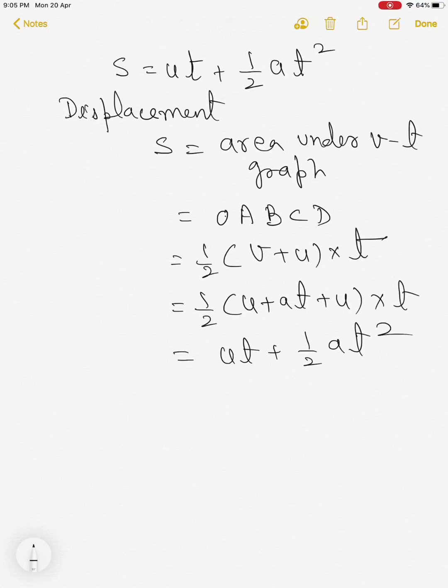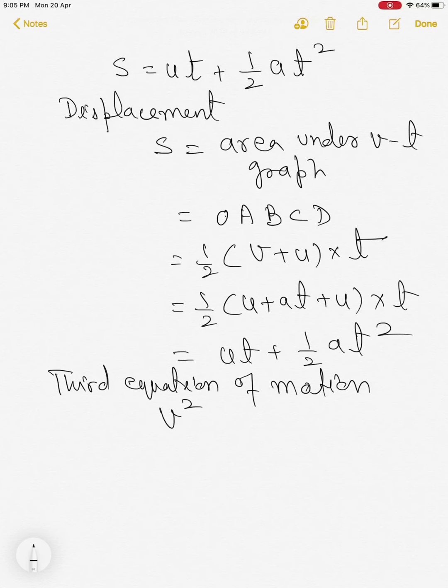And the third equation of motion is v square is equal to u square plus 2as.